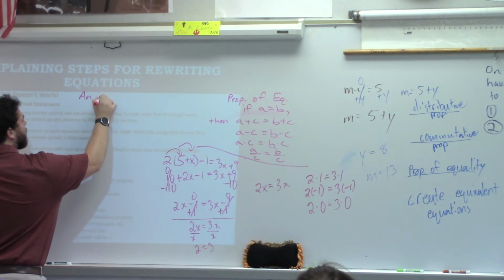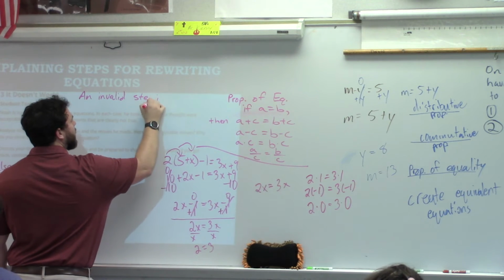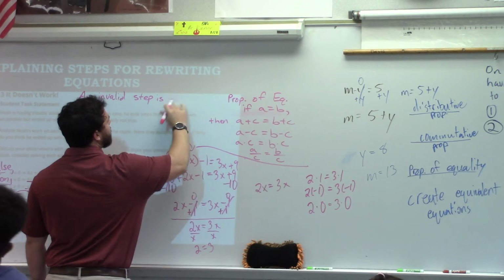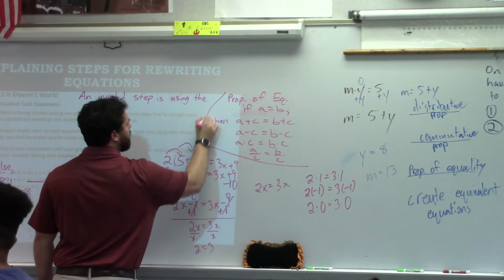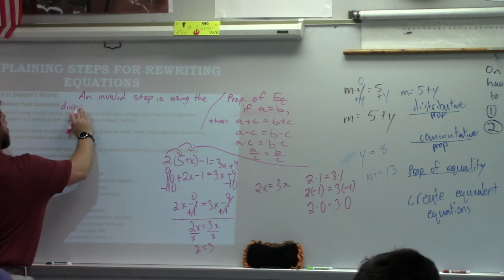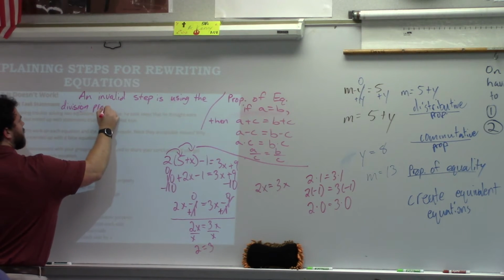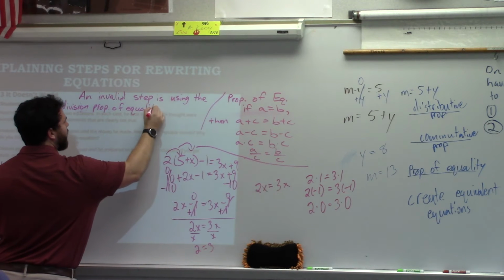An invalid step is using the division property of equality with a variable.